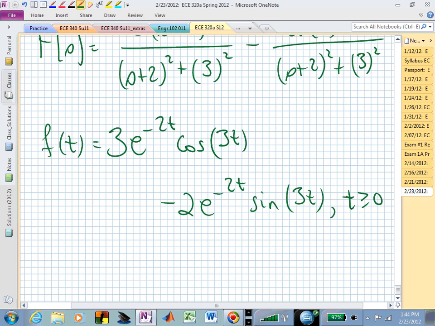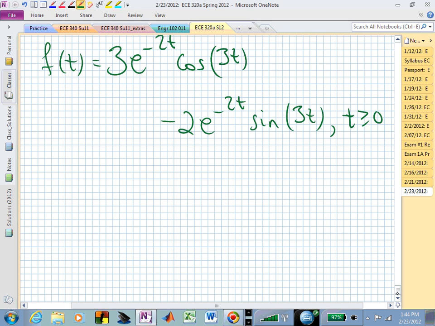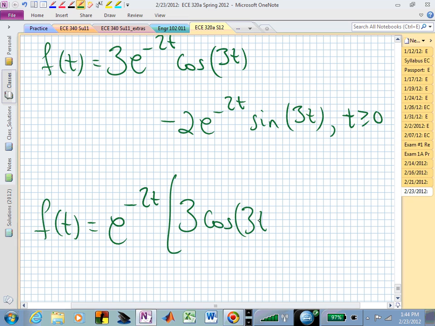You have a 3e to the minus 2t cosine of 3t, but you have sines and cosines of the same frequency, don't you? So you could now rewrite that as either a cosine or a sine. Meaning, F of t we could rewrite as e to the minus 2t, that's common to everything, and then we have 3 cosine of 3t minus 2 sine of 3t.